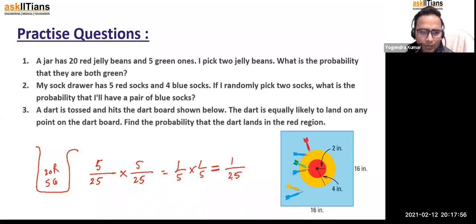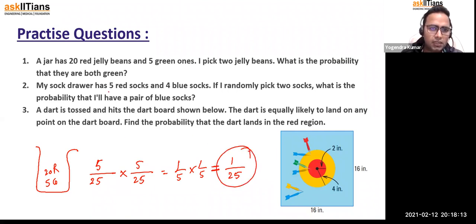I think we should do it by sample space then. This answer could be right if I'm picking one after the other, but that is not mentioned in the question, right? First jelly bean I'm picking and then the second jelly bean, but that is not mentioned, so that is doubtful.